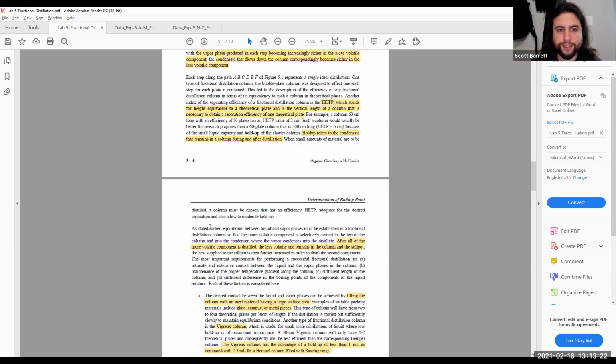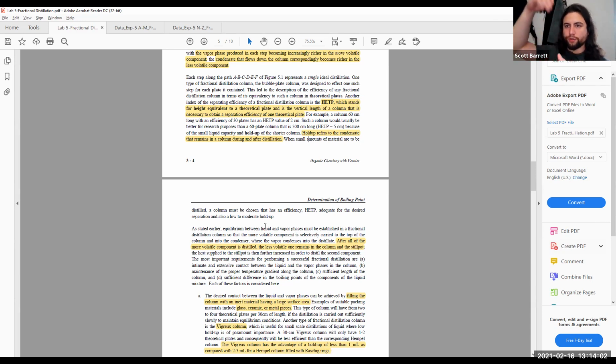When small amounts of material are to be distilled, a column must be chosen that has an efficiency HETP adequate for the desired separation and also low to moderate holdup. You don't want too high a holdup, because if you have a ton of condensate building up in your column, then your separation is not as efficient. The idea is for the less volatile substance to condense back down and not get trapped as a large amount of liquid in your column, because you want it to flow back down into the flask that you are boiling from.